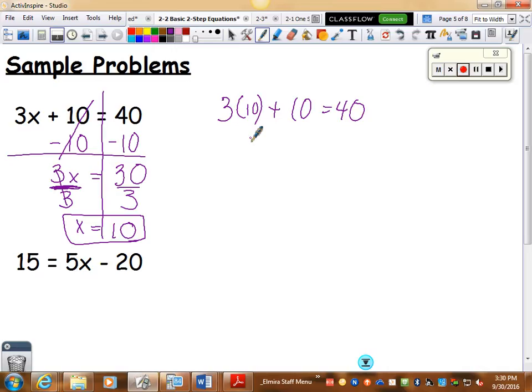You cannot use an x. Okay, x's are variables now. So 3 times 10 is 30 plus 10 equals 40, and I wanted it to equal 40. The problem told me it was supposed to equal 40. So that's how you check. You plug in the number, make sure that it equals what it's supposed to. Okay?